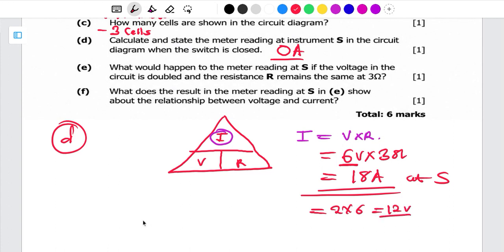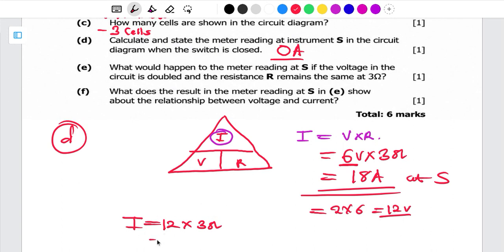So what is going to happen to the current? Let's see. So we have 12, then multiplied by 3. What we are going to do here is multiply, then compare the value that we are going to get to the value that we already have here. So we are multiplying 12 multiplied by 3.